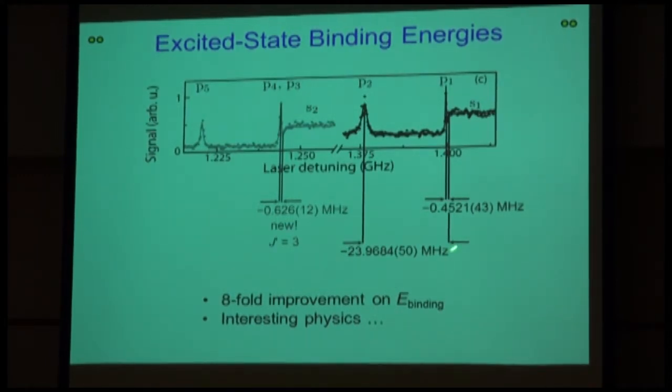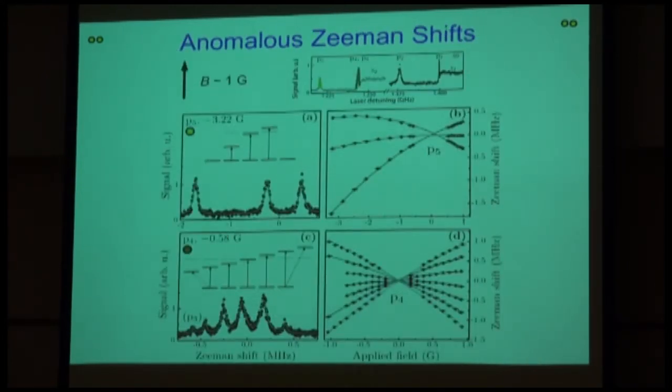This high precision is important, as I'll show you in the next few slides. So one interesting effect that we discovered is that if you look at these very weakly bound molecules near the singlet triplet threshold, we get anomalously large Zeeman shifts.